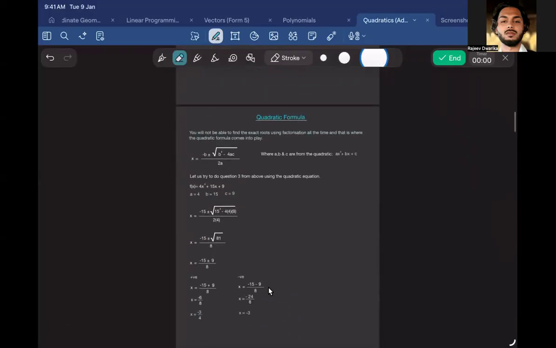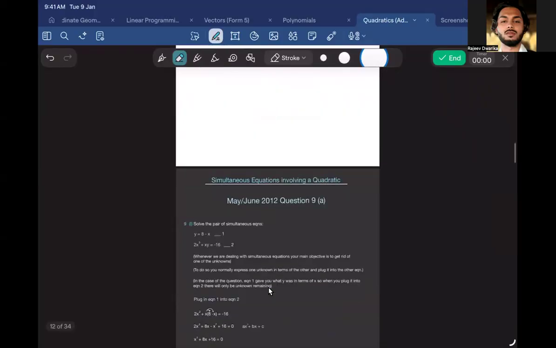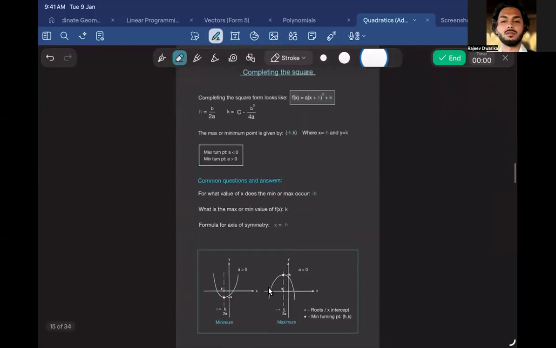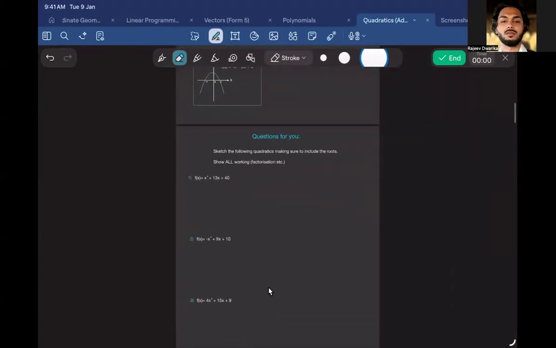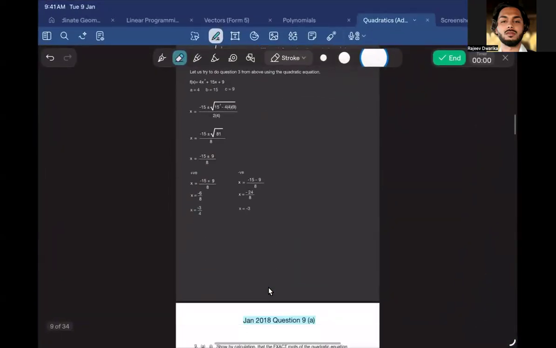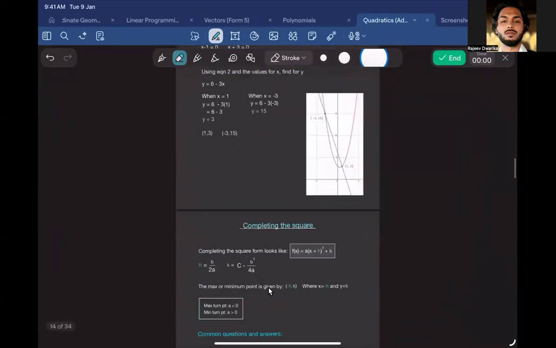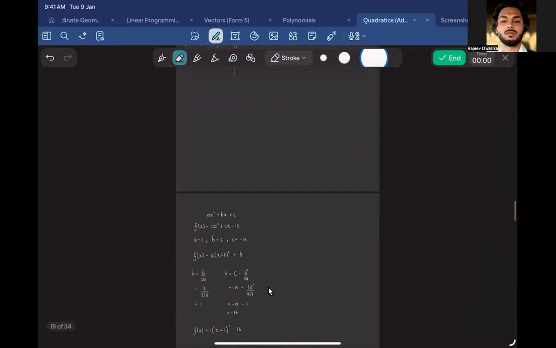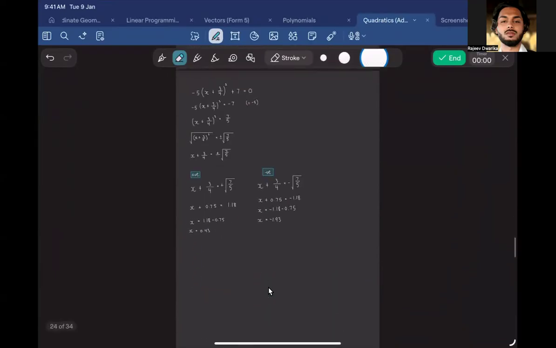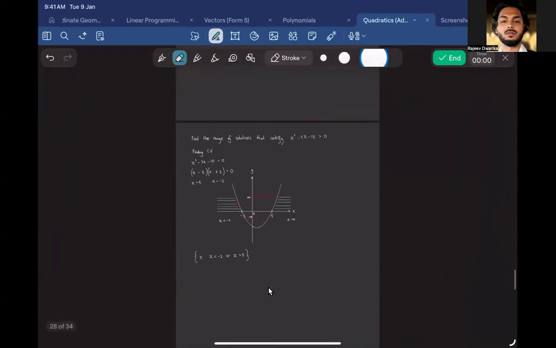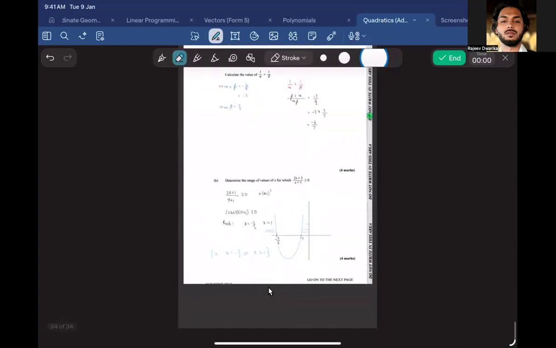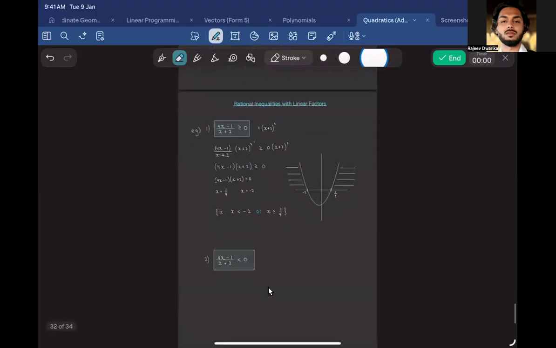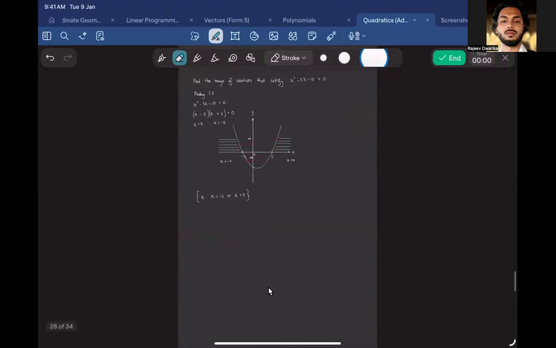Next class, we will do the quadratic formula and we will do completing the square. Completing the square takes up a good bit of time. Then we have to look at quadratic inequalities, and then sum and product of roots.